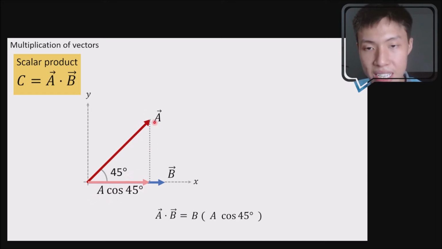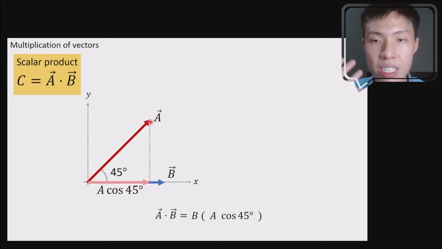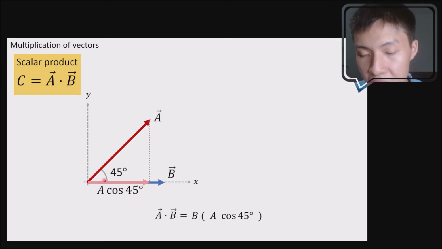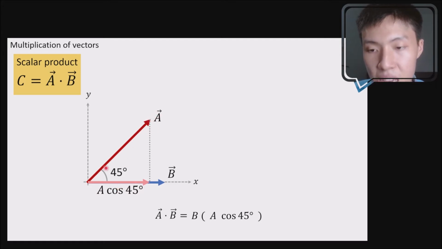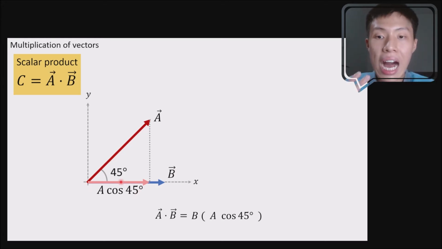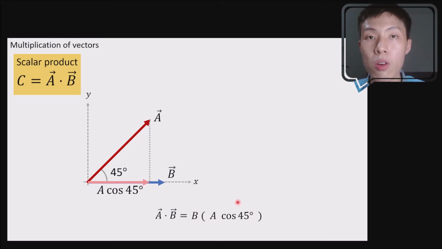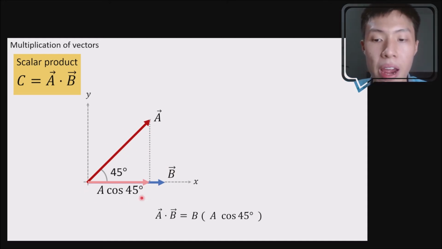I believe you can see that A cos 45 degrees also carries the meaning that it's the component of A which is parallel to vector B. This A cos 45 degrees here is showing how much of vector A is in parallel with vector B. So essentially in B times A cos 45 degrees, we are multiplying B together with the component of A which is parallel with B. That's the idea of scalar product.